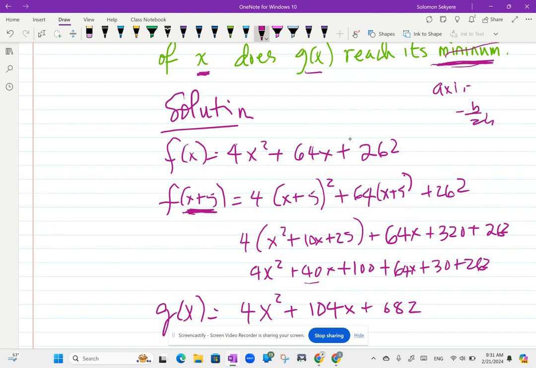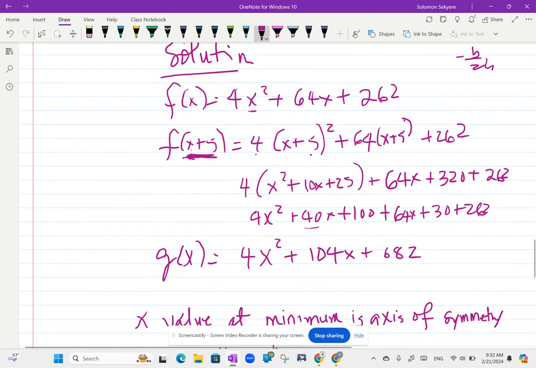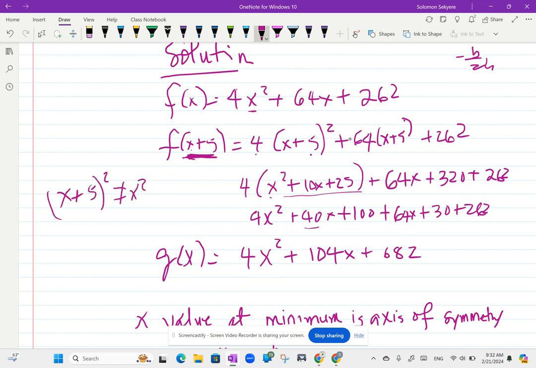I say use parentheses. Instead of writing x squared, you use parentheses and put x plus 5 in place of x, and 6 times parentheses x plus 5. Now expand x plus 5 all squared. X plus 5 all squared is not equal to x squared plus 5 squared. Be careful.